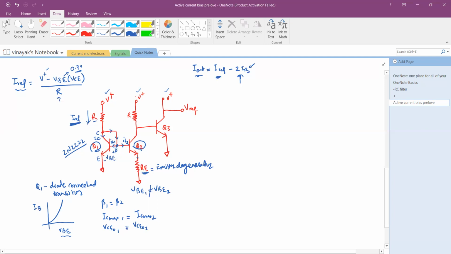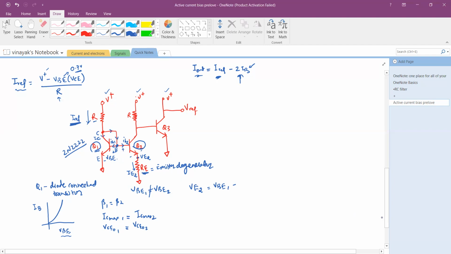So now the voltage that is here, which is the emitter voltage of transistor Q2, is the drop across the resistance RE. Here your I2 flows into RE, and VE2 is equal to VB1, the voltage at VB, minus VBE2.